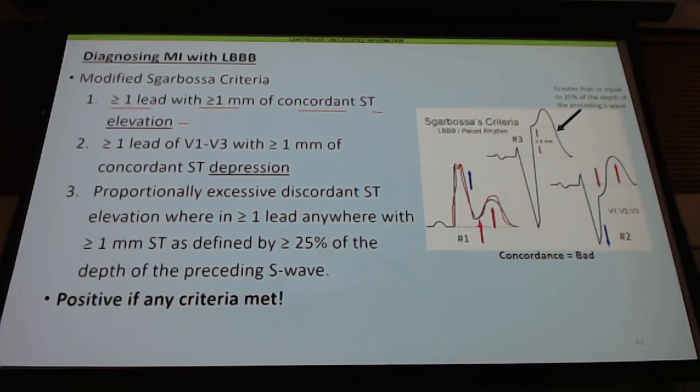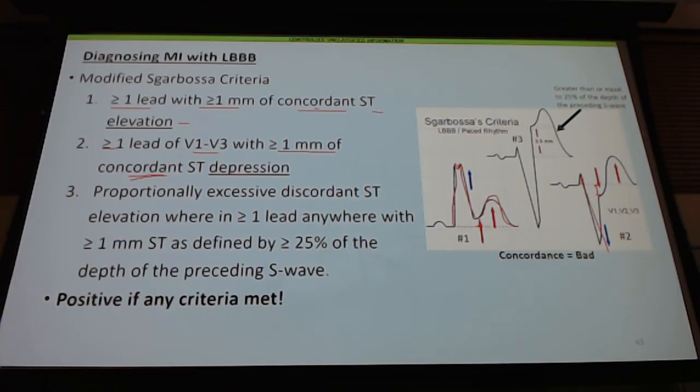If the patient doesn't meet criteria 1, let's go down to criteria 2, which is you have at least one lead in V1 through V3 with at least 1 millimeter of concordant ST depression. Again, concordance equals badness, right? So what does that look like? If my QRS is in the downward direction and I have that ST depression, so down, down, then that is bad. And that should be treated like it's a STEMI.